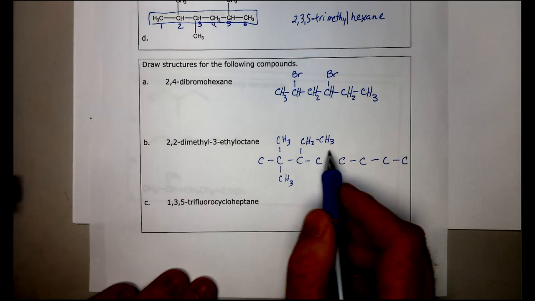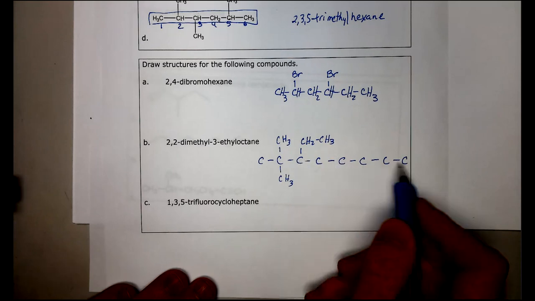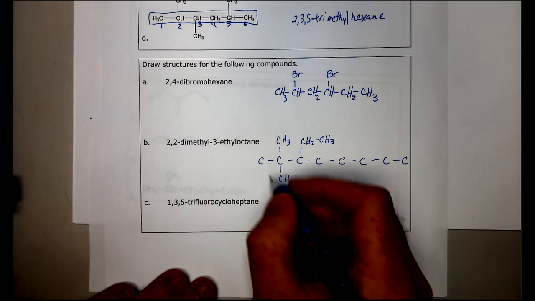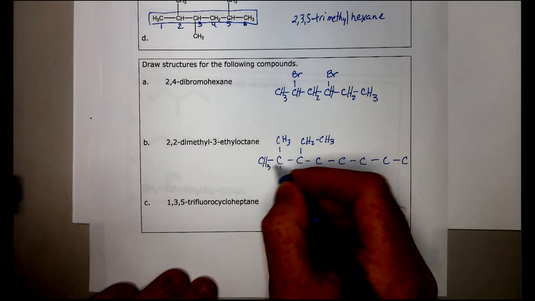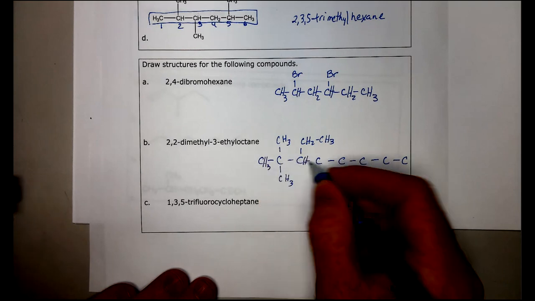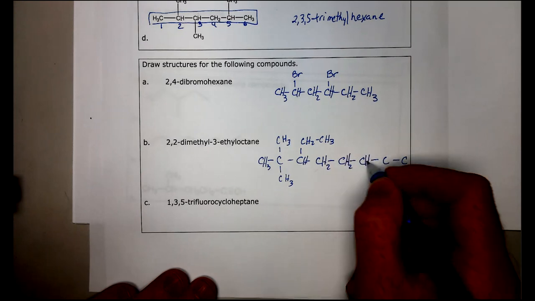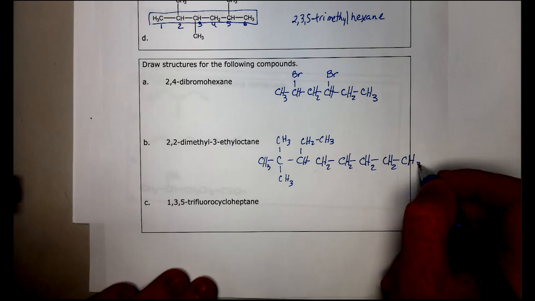And that's not going to make it the longest chain. 1, 2, 3, 4, 5, 6, 7, 8. It's the same as this, but more substituents have the lowest number if we go this way. So we're going to say CH3, CH, CH2, CH2, CH2, CH2, CH3.